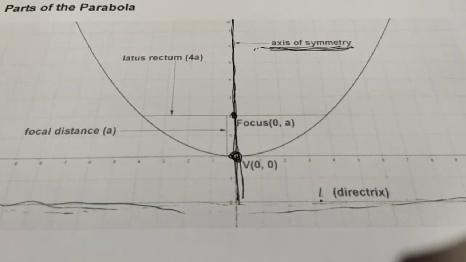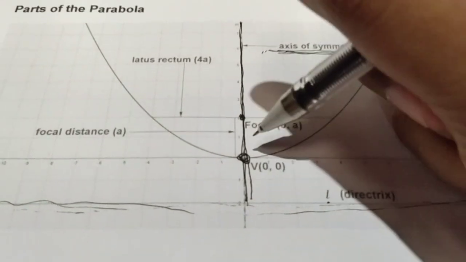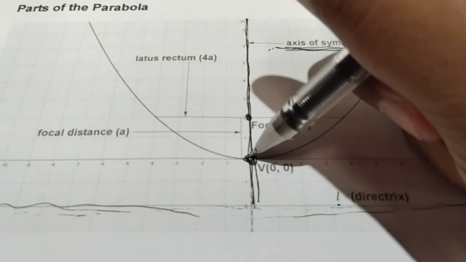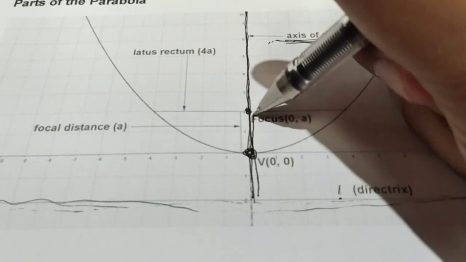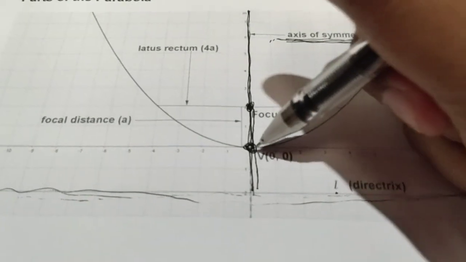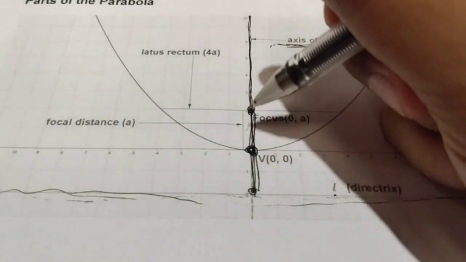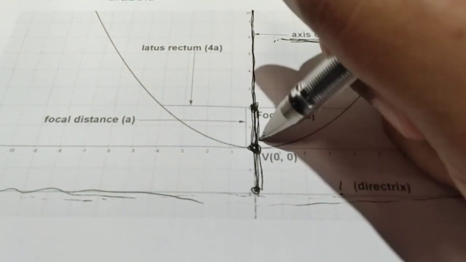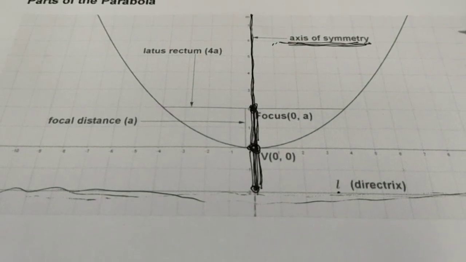From the definition of the parabola, we know that the vertex of the parabola is equidistant to the focus and to the line of directrix. Therefore, this distance and this distance are equal.